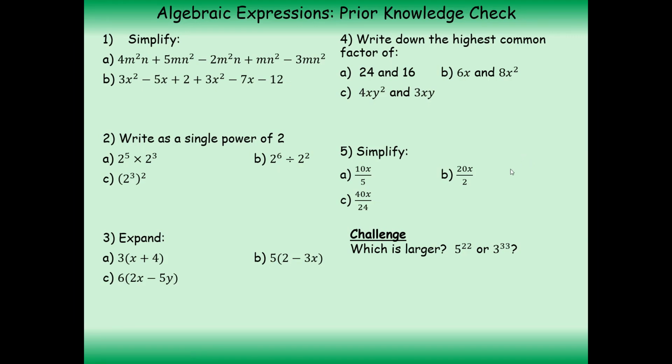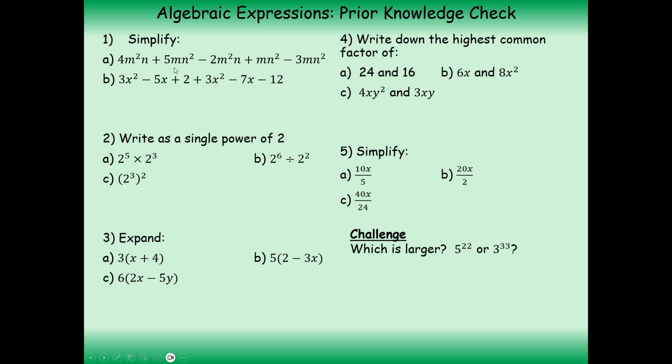All right. Okay, I hope you've had a go at these questions by now. Let's go through the answers. I suggest you underline each of these terms that are similar to each other and add them together. The first part of the question, all powers match.